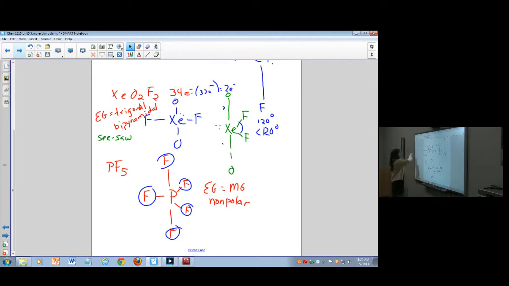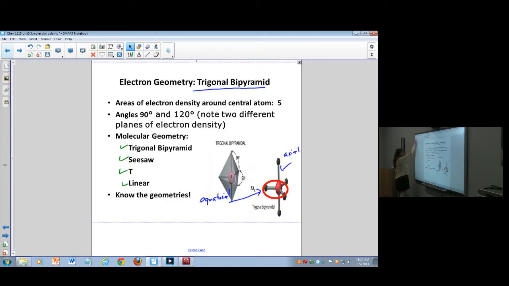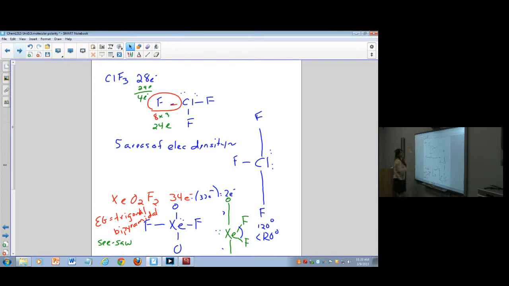Let's see, I need to go back because I want to do the same thing with the ClF3, but it gets so high up I couldn't do it anymore. Again, this has 5 areas of density.